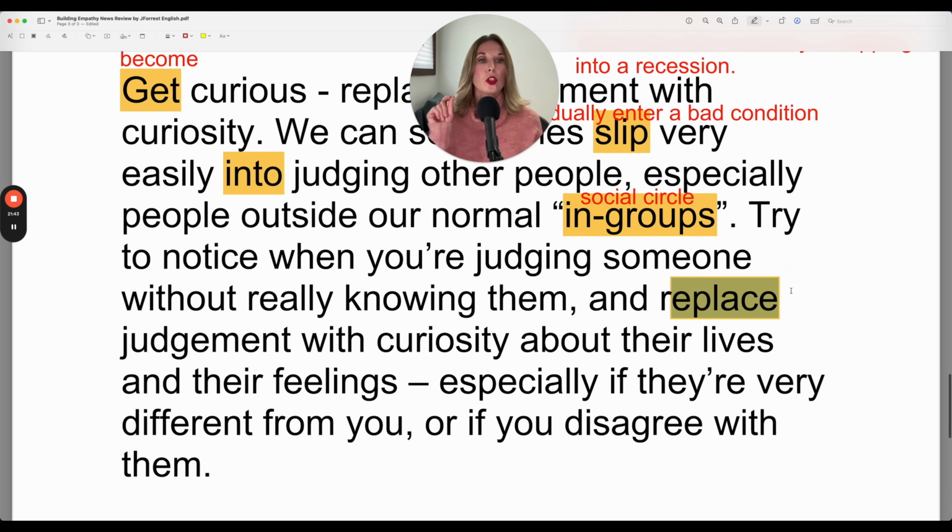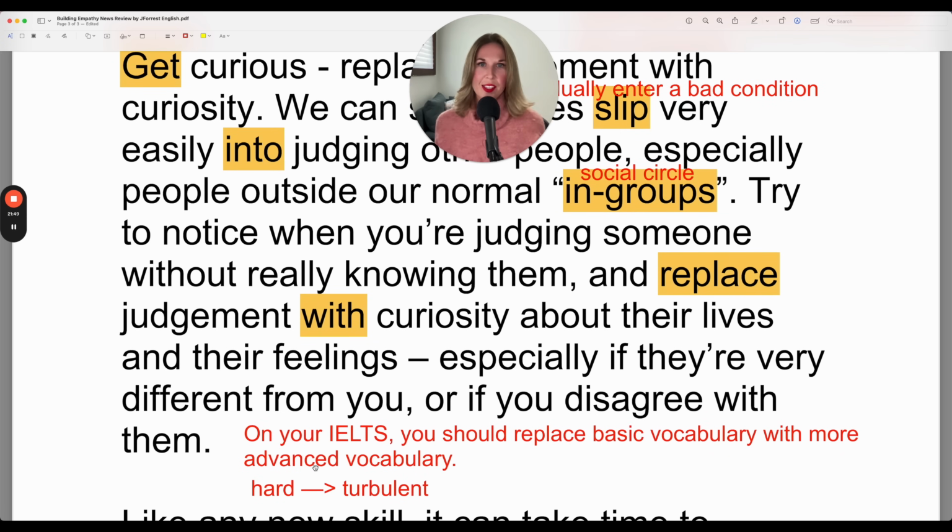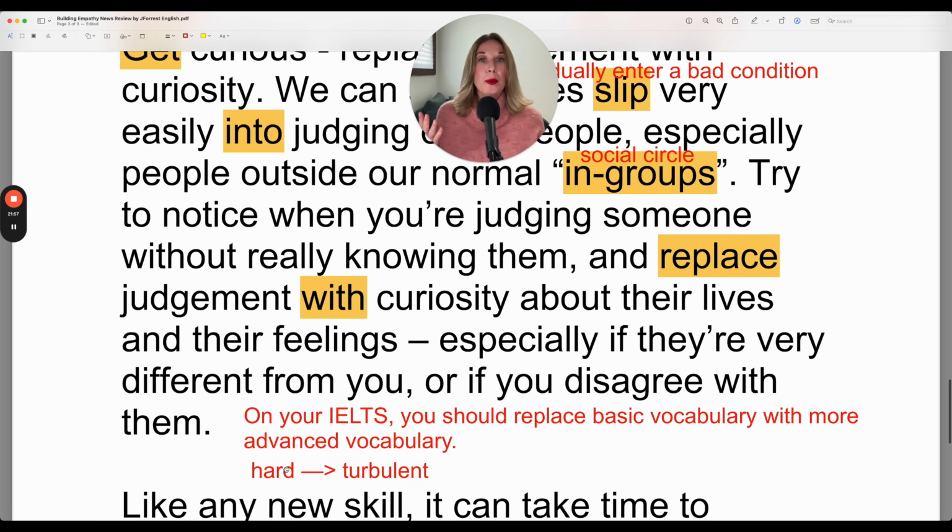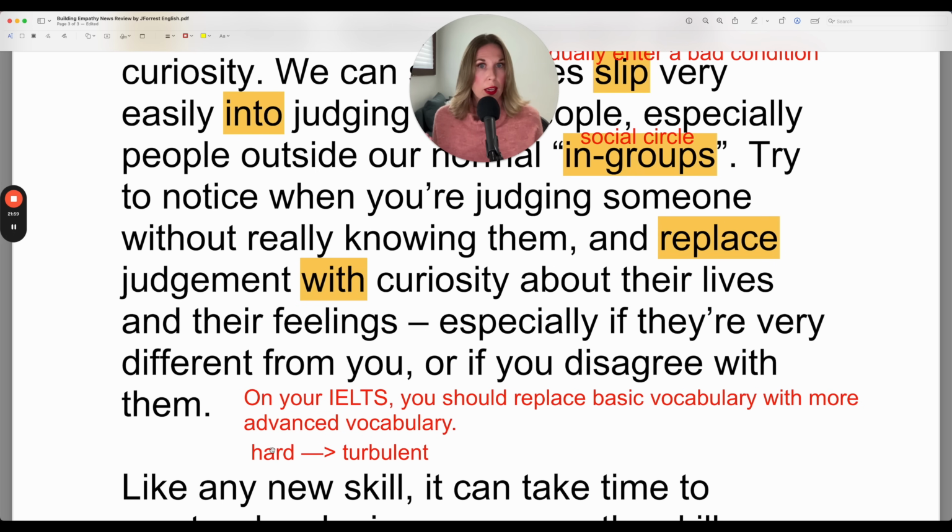So notice here, you replace something, judgment, with something else. As advice, I could say, on your IELTS, you should replace basic vocabulary with more advanced vocabulary. Like, for example, saying she went through a hard time, she went through a turbulent time. So you can replace hard with turbulent.